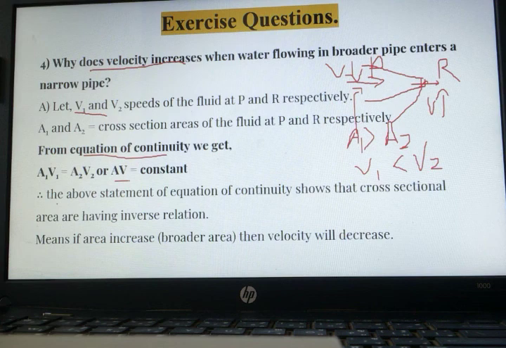So the above statement of the equation of continuity shows that cross-sectional area and velocity have an inverse relation. Inverse relation means what? If area increases, then velocity will decrease.